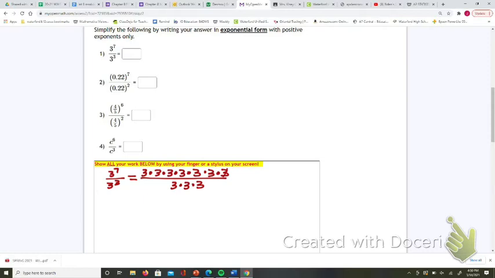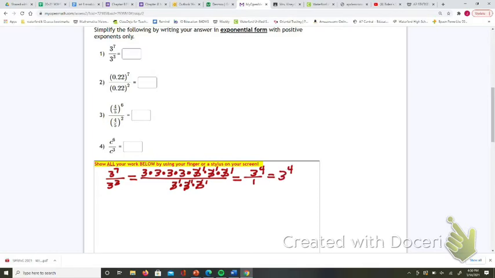Okay, well, 3 over 3 reduces down to 1. So now if I count, do you notice I just have a 1 in the denominator, and I have 4 3's in the numerator. So I have 3 to the 4th over 1, which is 3 to the 4th.